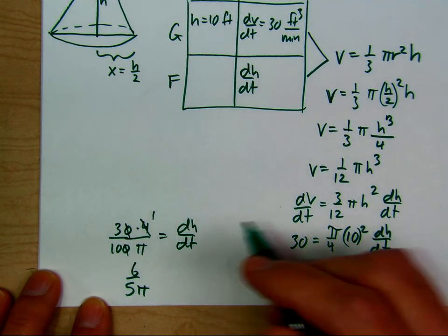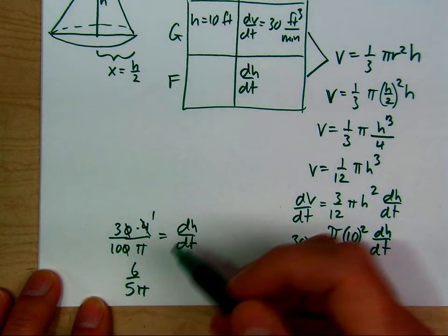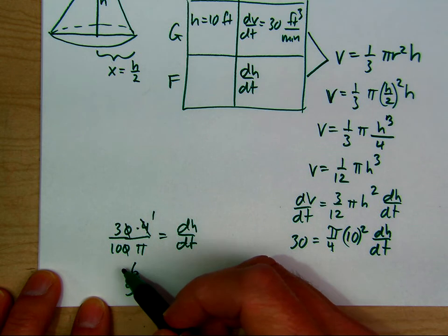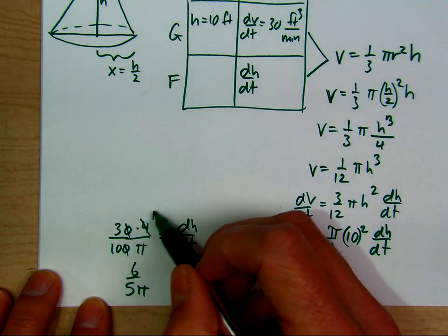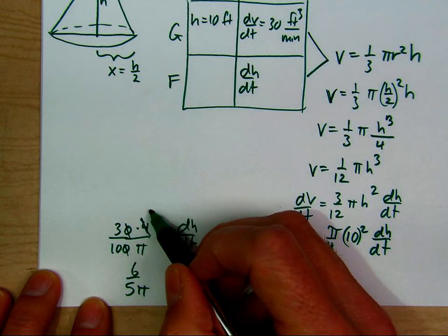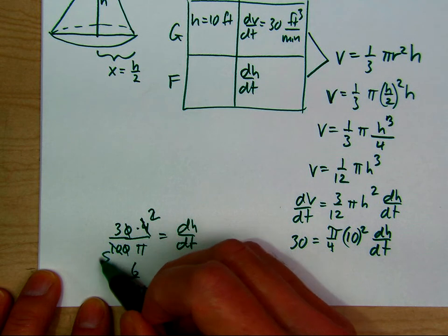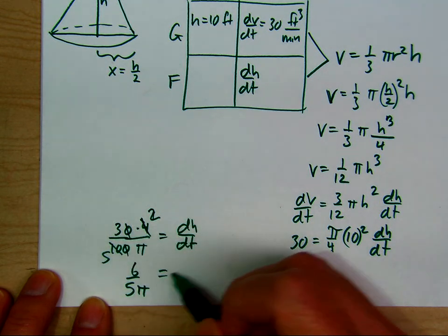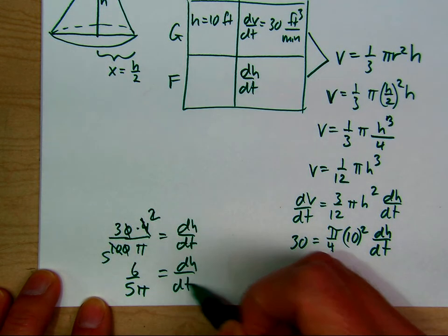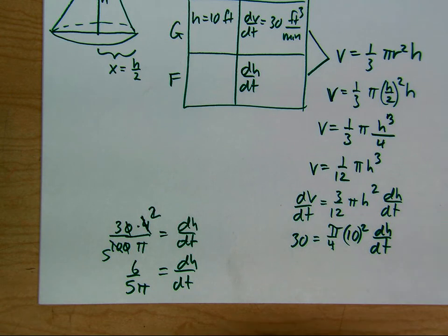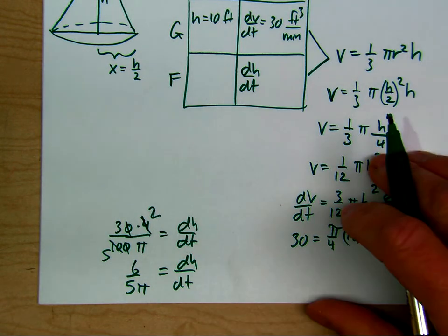Well, I have 120 over 100. That's going to work out to be 6 over 5 pi. Oh, here it is. I can't cross-cancel that. It's going to be 2, and this is going to be a 5. So 6 over 5 pi. There we go. All right.